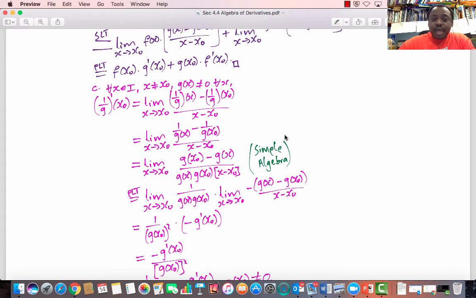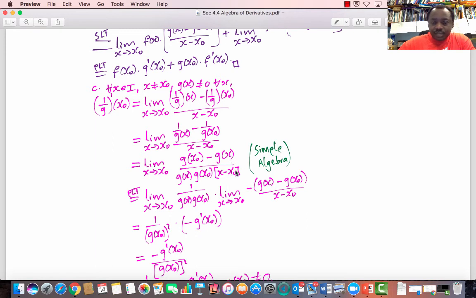And simple algebra would give me the limit as x approaches x naught of g of x naught minus g of x, divided by g of x times g of x naught times x minus x naught.